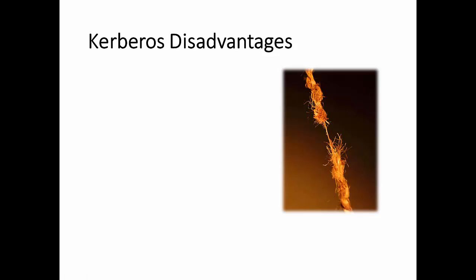In addition to the advantages we discussed when we were talking about Kerberos as a single sign-on system, Kerberos has its own disadvantages too. For example, Kerberos has a single point of failure, in this case either the key distribution center or the Kerberos authentication server.